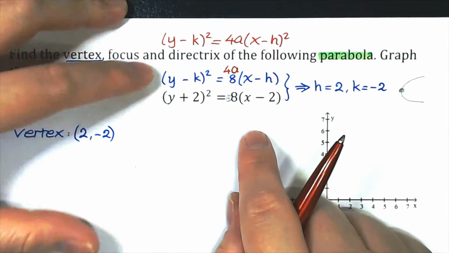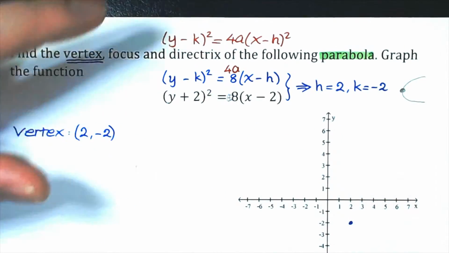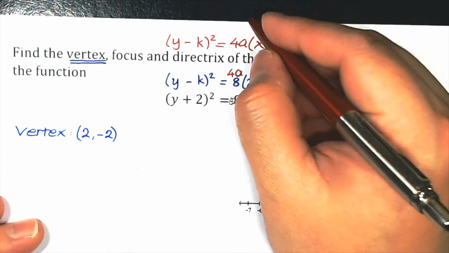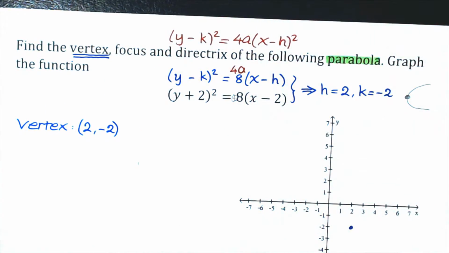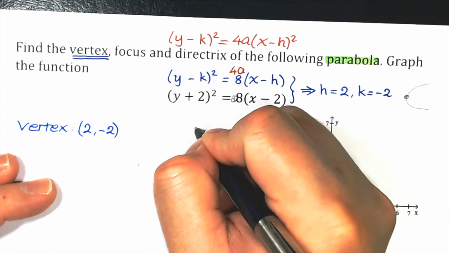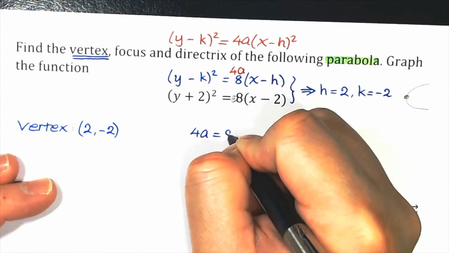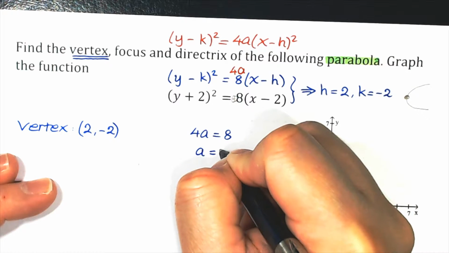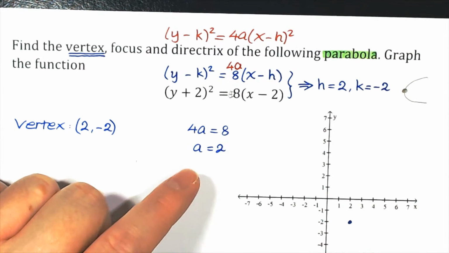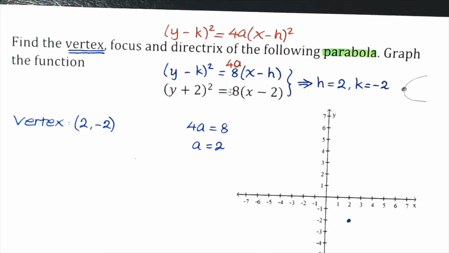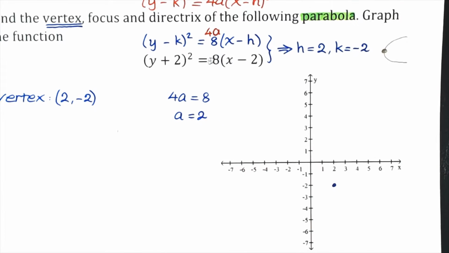Positive means it opens to the right. When we do this, 4a is equal to 8, so a is equal to 2. What it means is that the distance from the vertex to the focus is 2, and the distance from the vertex to the directrix is also 2.